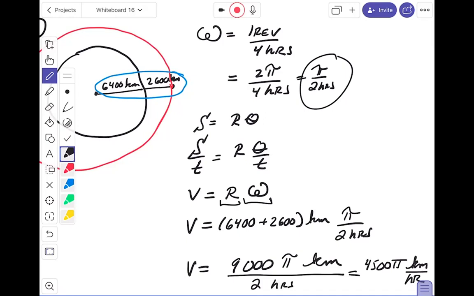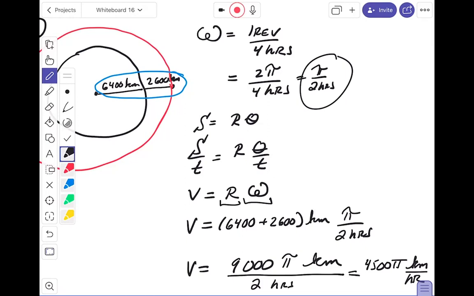Now, what do they want to do? They want to get approximate to that thing. So I'm going to write that down. That's 4,500 times pi. I get 14137.166.